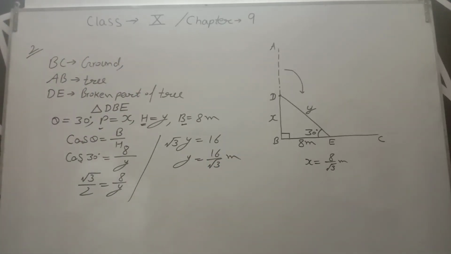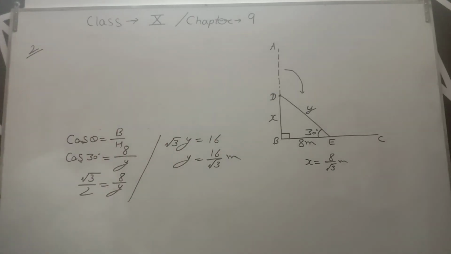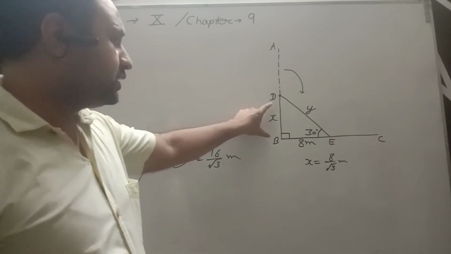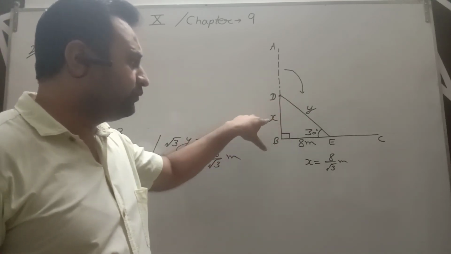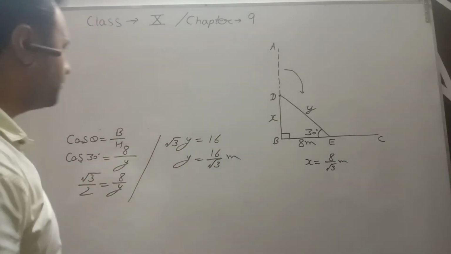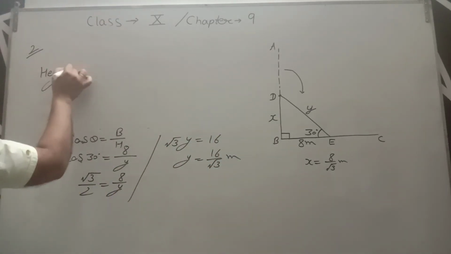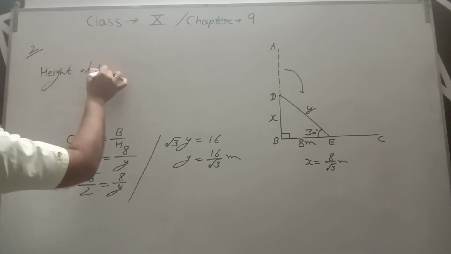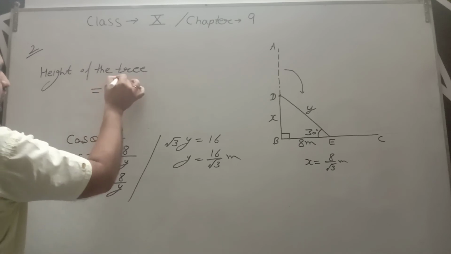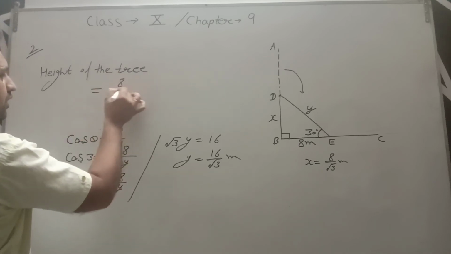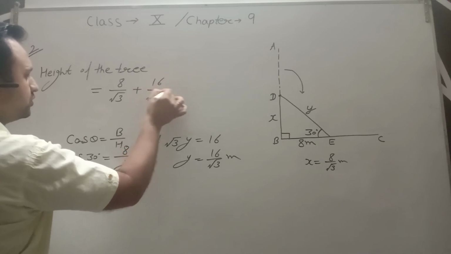Now we have to find out the height of the tree. It is the right part of the tree and it is the broken part of the tree. So the sum of both is considered as the height of the tree. So the height of the tree is equal to 8 upon under root 3 plus 16 upon under root 3.